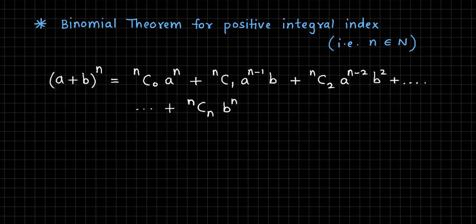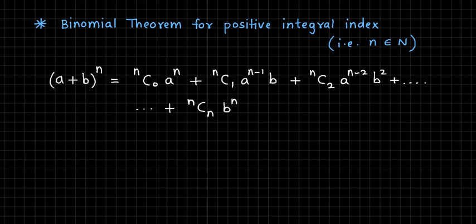So here it is. For a positive integral index, that is when n is a natural number, we have A plus B whole raised to n given by, you see, we start off with nC0 and the highest power of A, that is A raised to n. Then the next coefficient is nC1, the power of A is reduced, so n becomes n minus 1, and the power of B now becomes 1, so the term in B has now appeared.